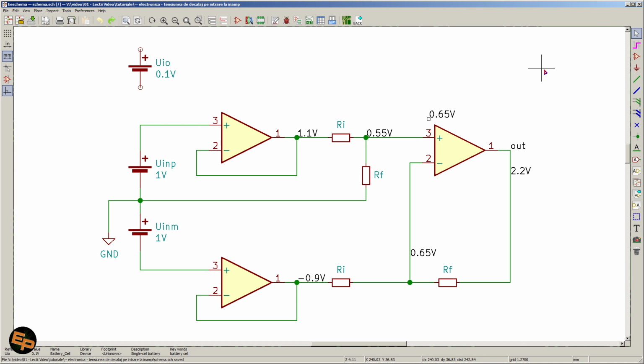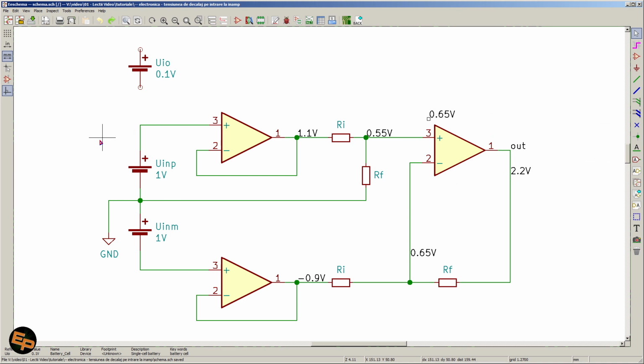So for the sake of simplicity, let's say that we have an instrumentation amplifier that does not apply any amplification factor whatsoever. Its sole purpose is to measure the difference in input voltages and recreate that differential voltage relative to the ground on the output.